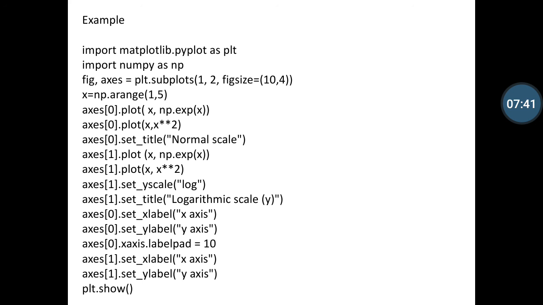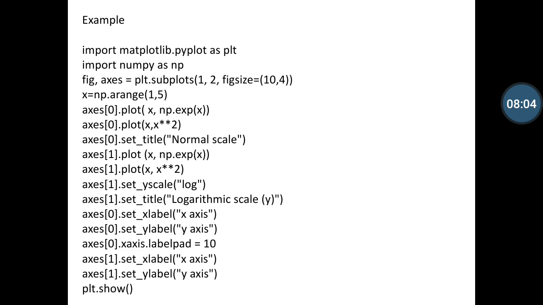X-axis 0 index x-axis dot labelpad is equal to 10. X-axis 1 dot set x underscore x label as x-axis and x1 dot set underscore y label as y-axis, then plt dot show to create the graph.